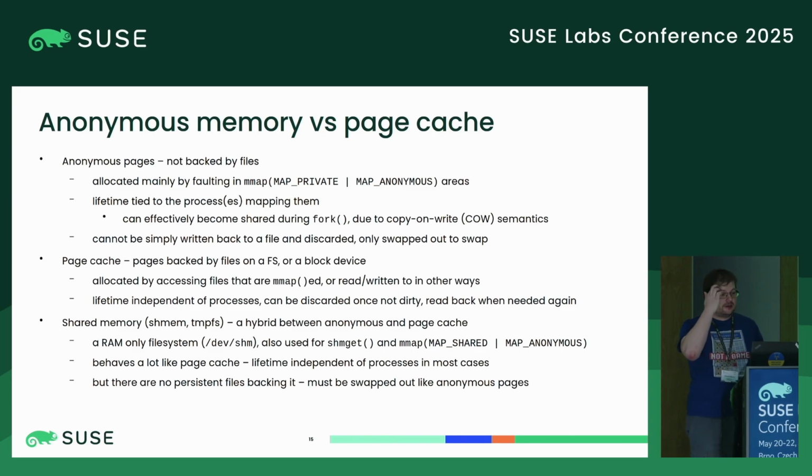It's considered to be part of the page cache because it can outlive the processes that created it, for example files in the tmpfs, but it has no persistent storage, so it can only be swapped out, like anonymous pages.